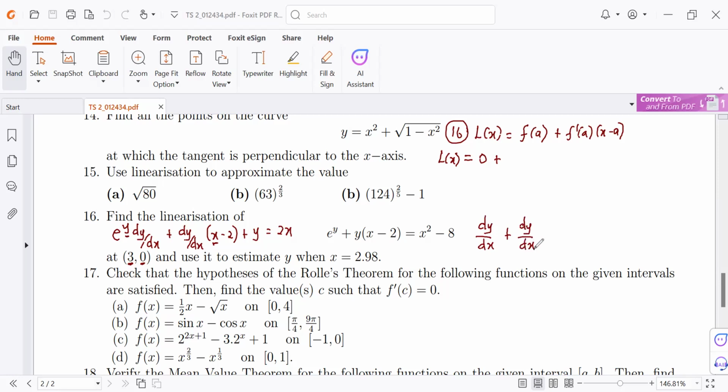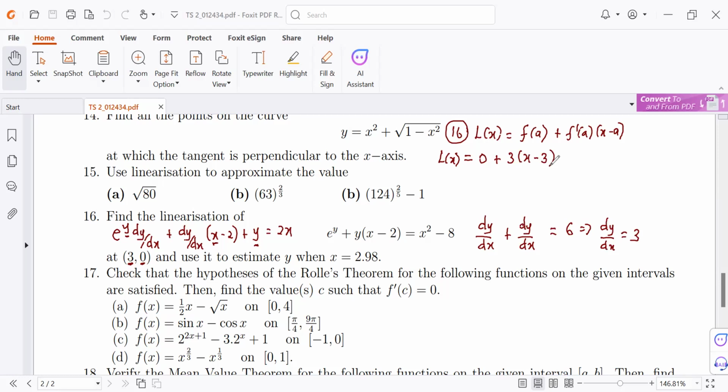And then plus y is 0 equal to 2x, that will be 6. So meaning we'll have dy/dx equal to 3. So it means that f prime of a is equal to 3 and then x minus a. So we have used a as 3.